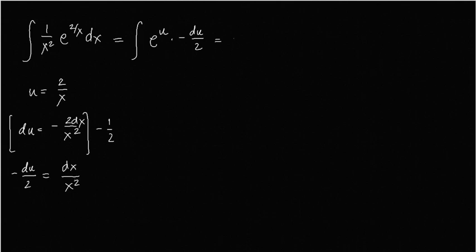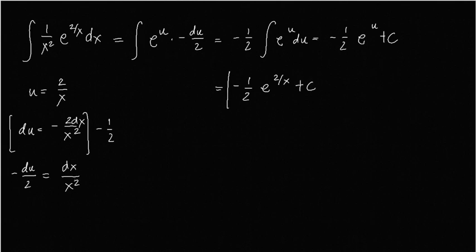So factoring out negative 1/2, this is the integral of e raised to u du, and this should be negative 1/2 e raised to u plus c. And going back to our original variable, which is x, this is negative 1/2 e raised to 2 over x plus c. This is our answer for this problem.